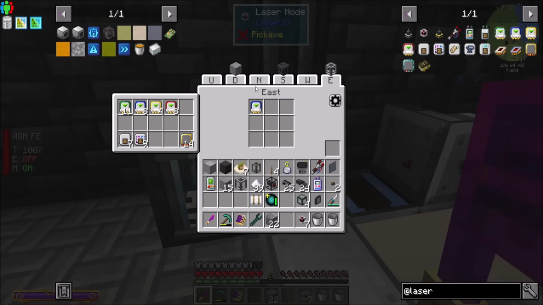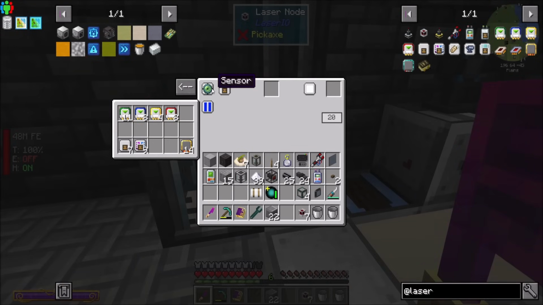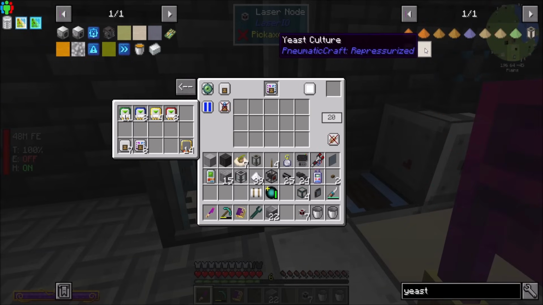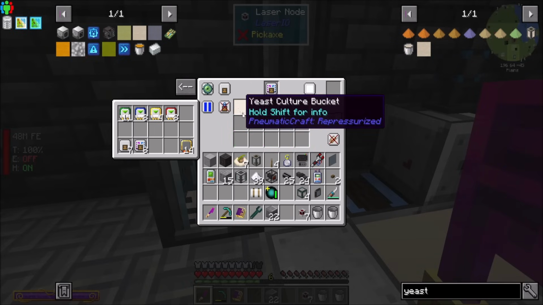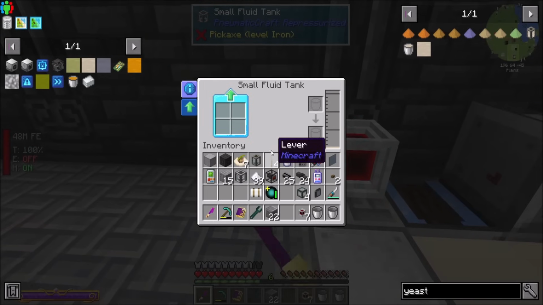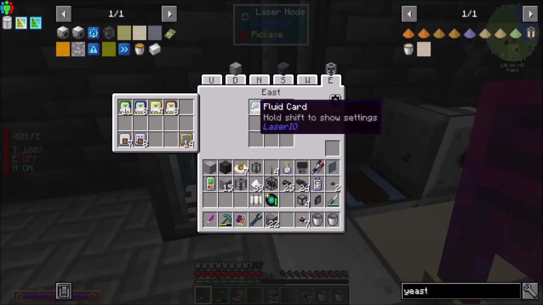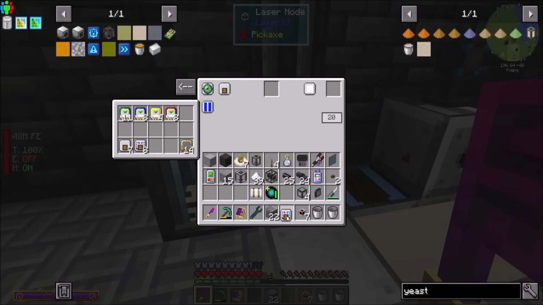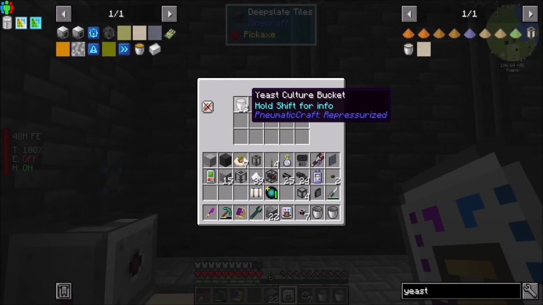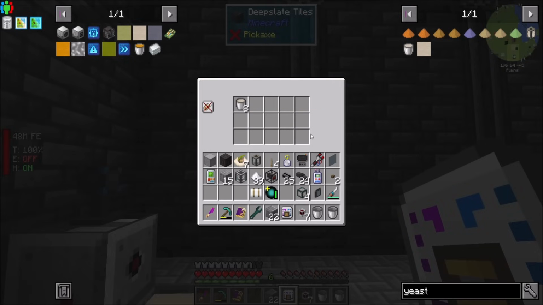So on the east side here, you're going to have a sensor card for yeast culture. Okay. So when you have more than a bucket's worth of yeast culture, which right now you do, right? So let's make it 8 for now.